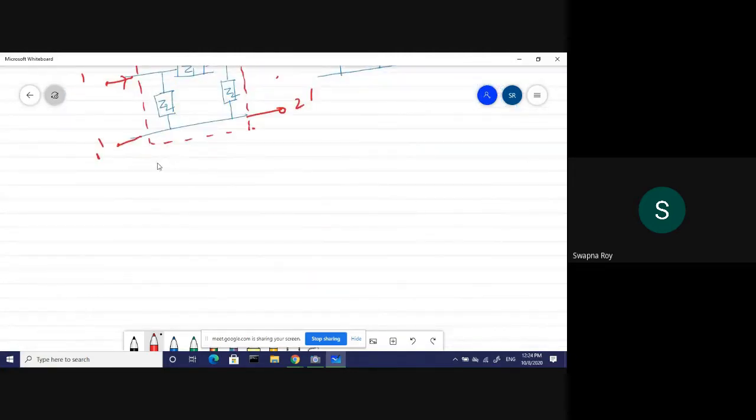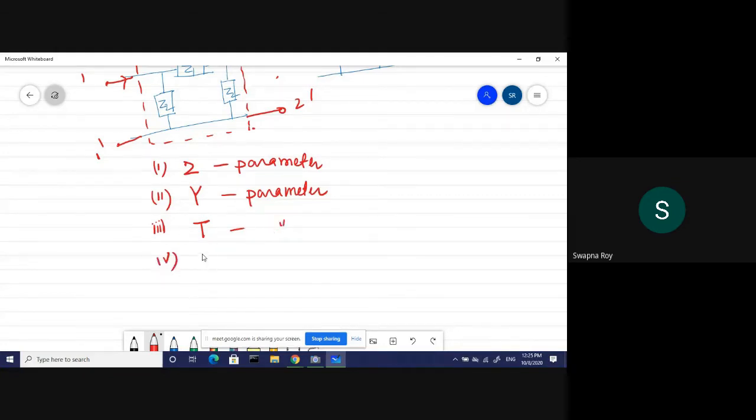We have Z parameter, we have Y parameter, T parameter, we have H parameter. In your syllabus, we have 4 parameters.